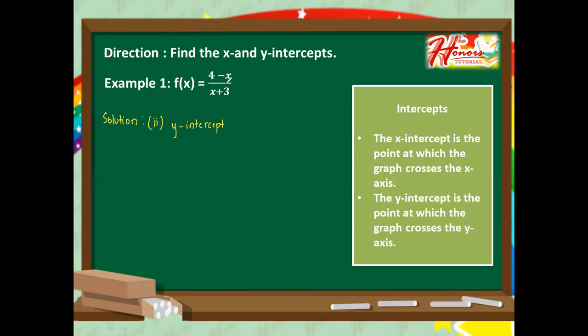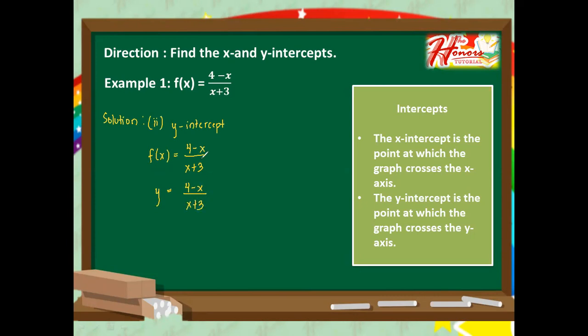But let us write the given first. So that is f of x is equal to 4 minus x over x plus 3. And then let's rewrite f of x into y. So that's y equals 4 minus x over x plus 3.